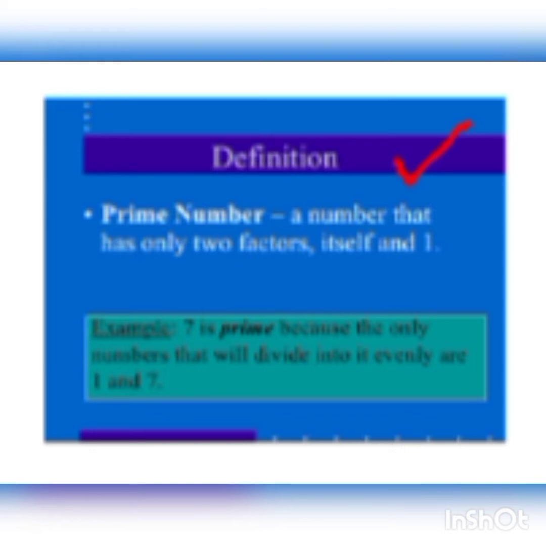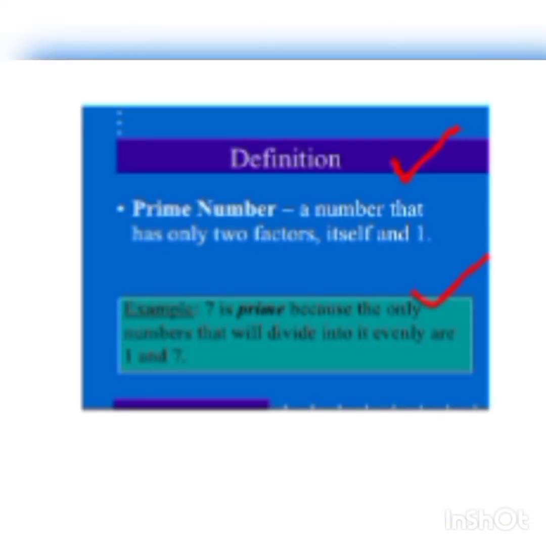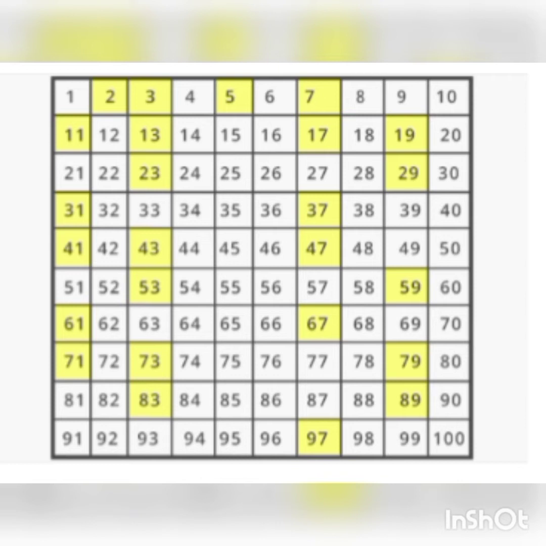For example, 7 is a prime because the only numbers that will divide it evenly are 1 and 7. It cannot be divisible by any number other than 1 or itself, which shows that 7 is a prime number. And the prime numbers are 2, 3, 5, 7, 11, 13, 17, 19 and so on. Students, these are the numbers which are divisible by themselves and the digit 1.